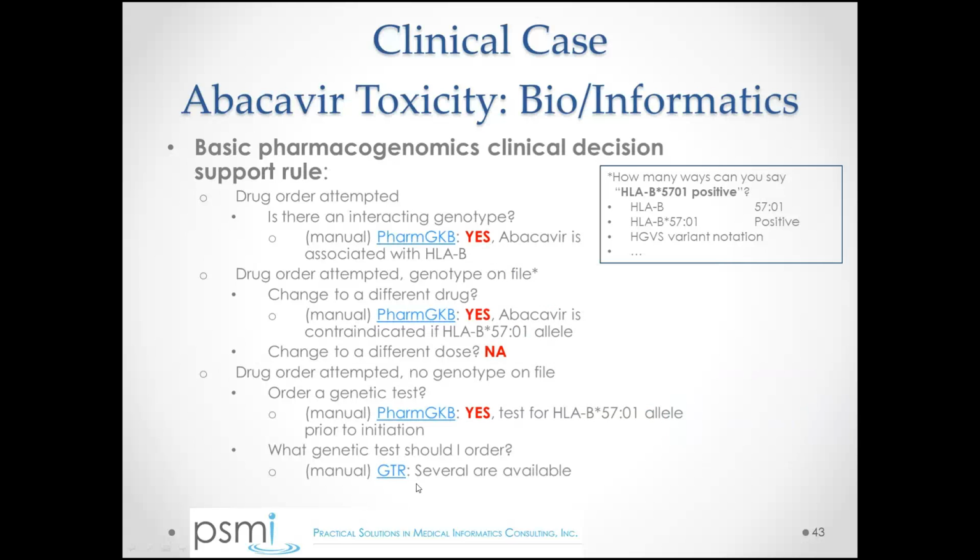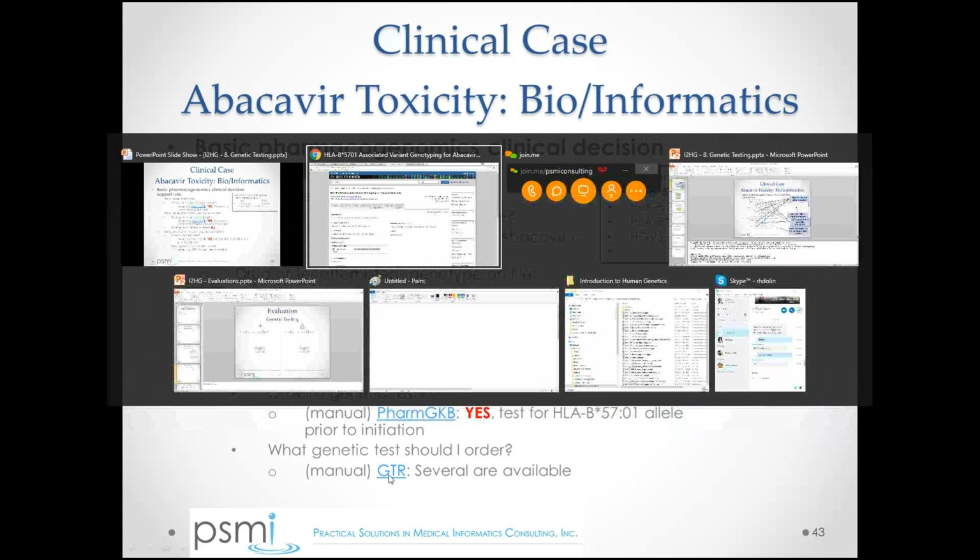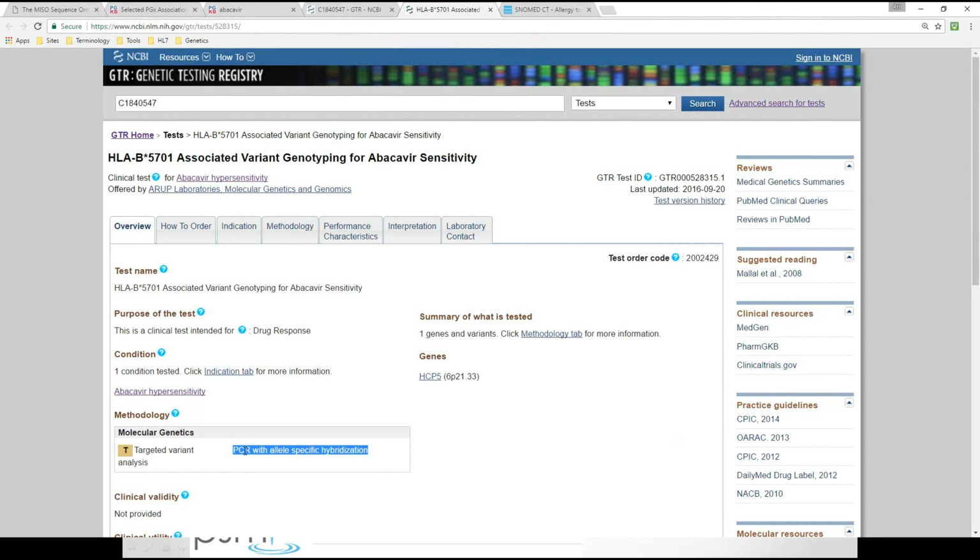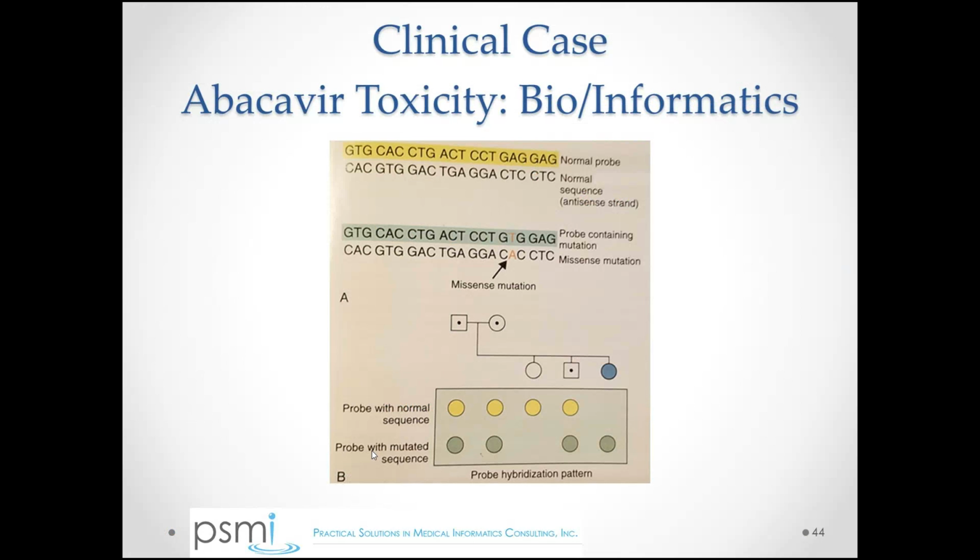So if we look at that, now let's come back to this test that we said we wanted to do, okay? So we said we wanted to do PCR with allele-specific hybridization, and I think now maybe this will make a little bit more sense. This isn't necessarily exactly the mechanism by which the particular lab would be doing the test, but an example of an allele-specific probe might be, okay, I have a slide and I include a probe for the normal sequence, and I include a probe for this particular variant.